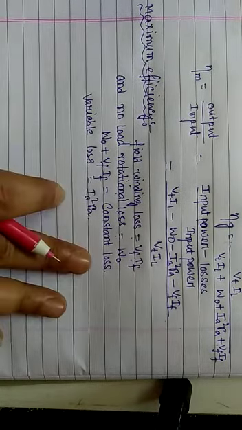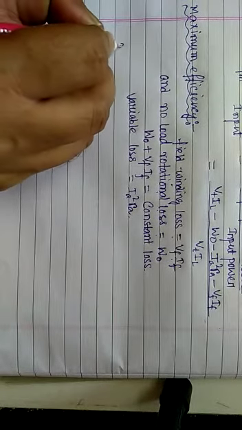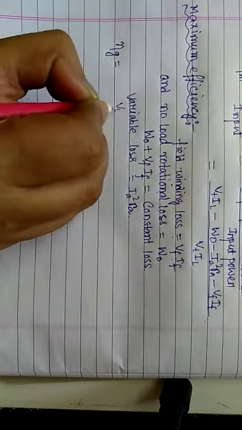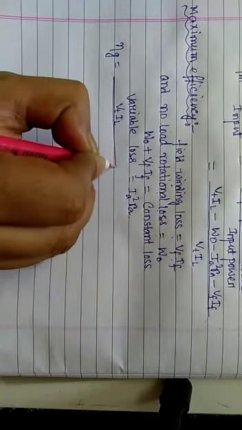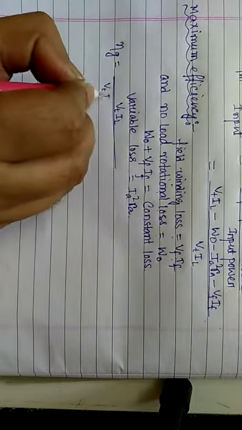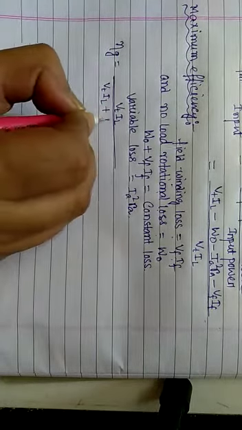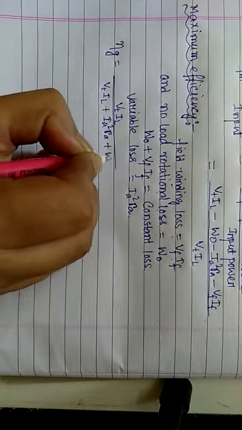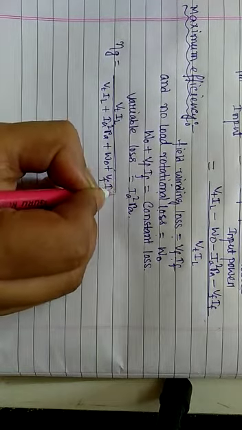In case of a generator, the efficiency is Vt into IL, that is the output power, divided by Vt into IL plus I square Ra plus W0 plus Vf into If.